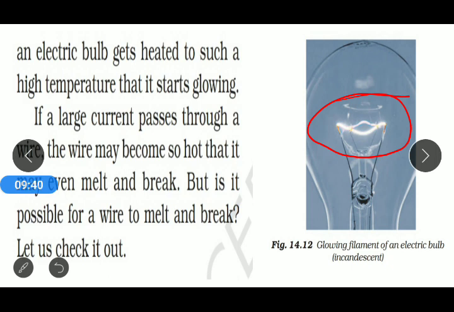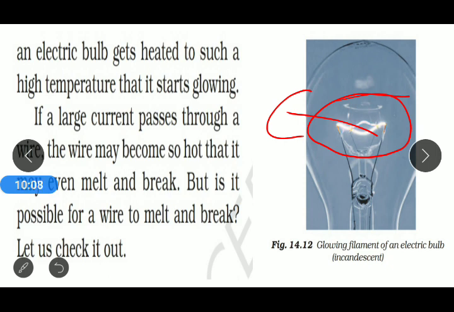When a large current flows through it, it gets heated, and due to that heat it turns into light energy. That is called the filament of the bulb. And in any case, if the bulb filament is broken, then we will say that the bulb is not working properly. Sometimes whenever we switch on, the bulb does not glow.